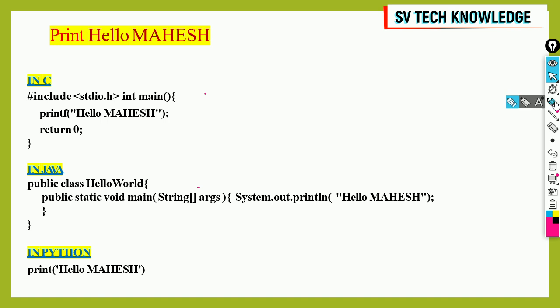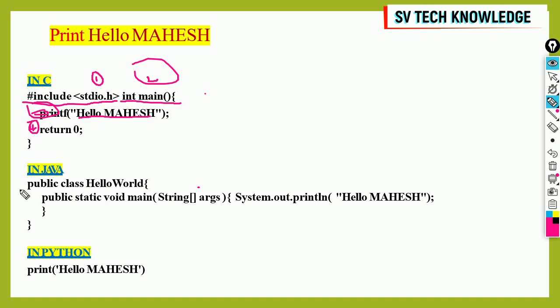Coming to C language, if I want to write code to print hello Mahesh, what is the code? Hash include stdio.h, one line, int main, second line, printf, third line, and return, fourth line. So to print hello Mahesh, C language takes 4 lines.